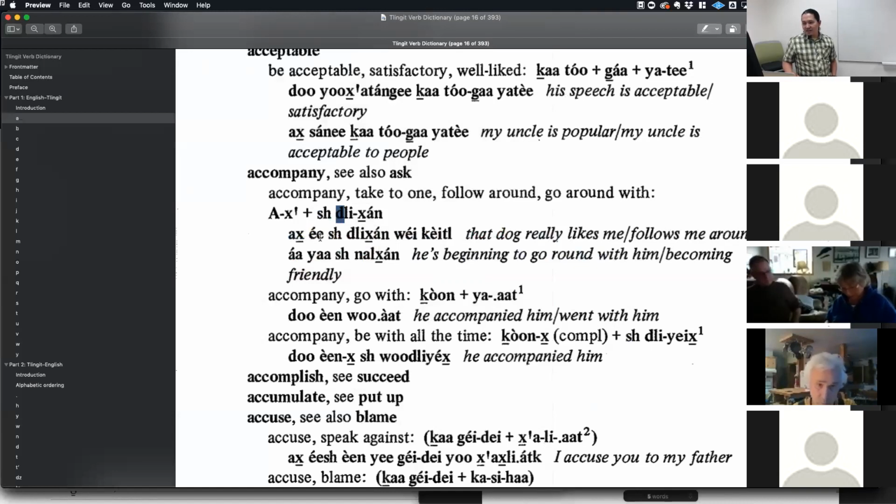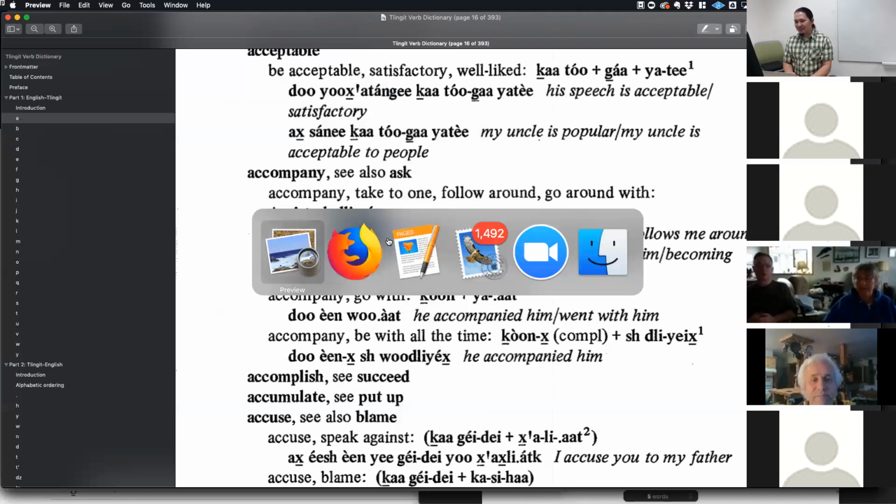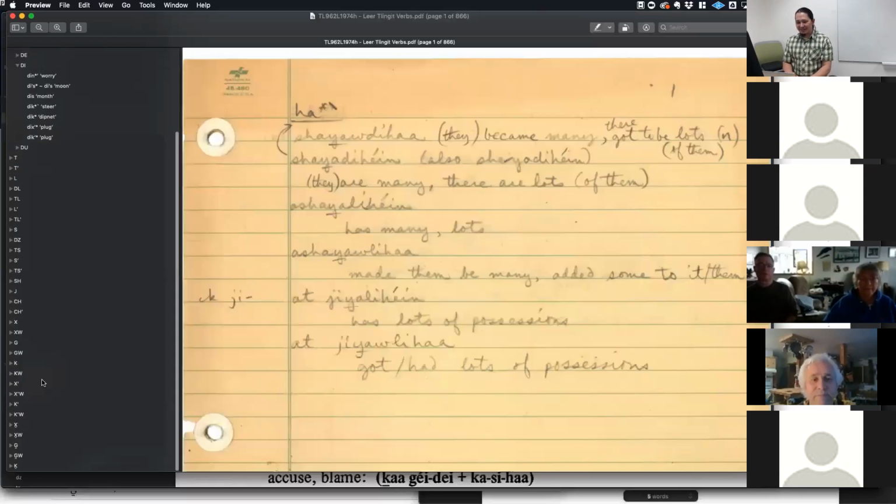Ach I, so you could say do I, and let me try and figure out a little bit more about this. Because it's showing us shklechan. So that's probably state. Oh, I don't know. There's some fun stuff to figure out with this one. Let's see if there's any examples.